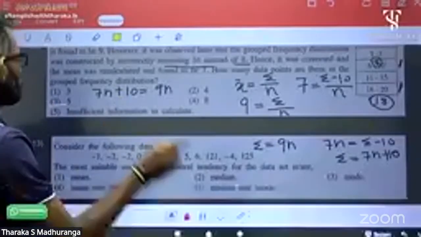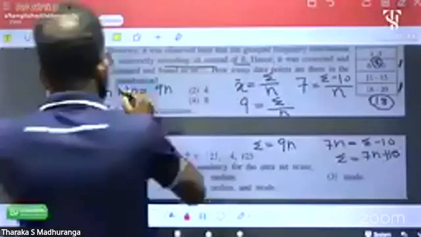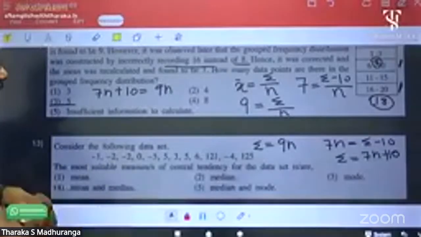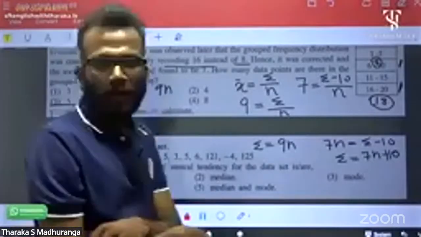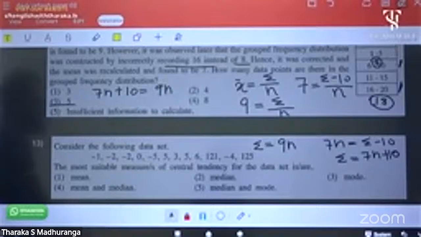So 10 equals 2n, and n equals 5. Answer 5. Understood or not? If you have not understood, come to Saturday class. Don't worry.